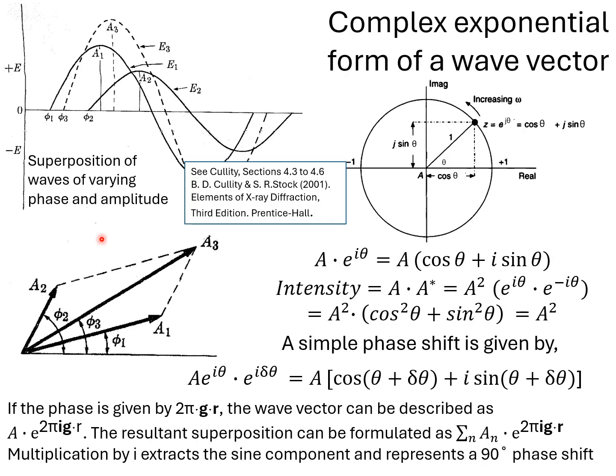So I've scribbled something here from Cullity, where he explains the link between representing waves, which you see here, which have different amplitudes, but they also may have a different shift in their phase, one relative to the other.